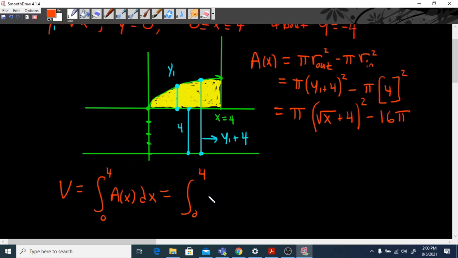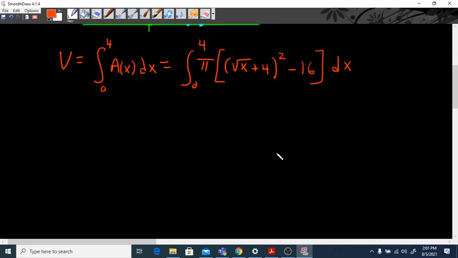Both terms contain a pi, so we can factor that out. We're going to have to square that, so we've got some algebra coming up here. There we are. That's the setup. So now let's actually do it.